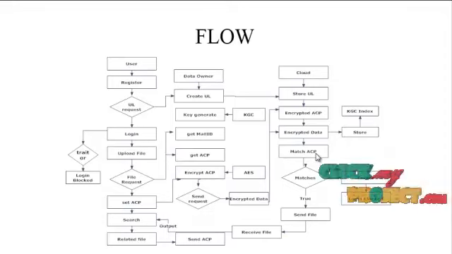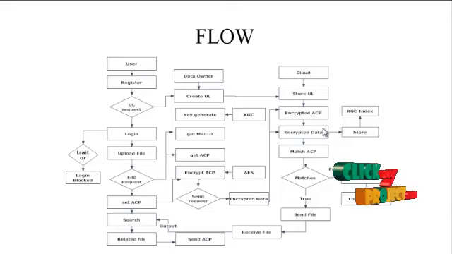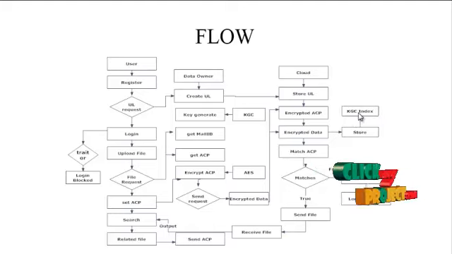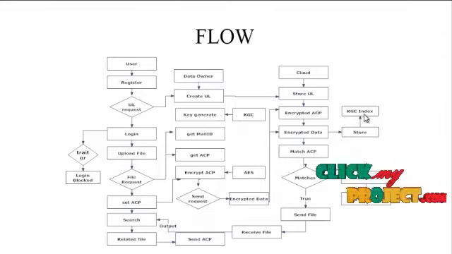Also the keyword set, the encrypted ACP, plus the data will be stored in encrypted format. The index is generated by the KGC. So the KGC is responsible for creating the UL, user list, as well as the index.